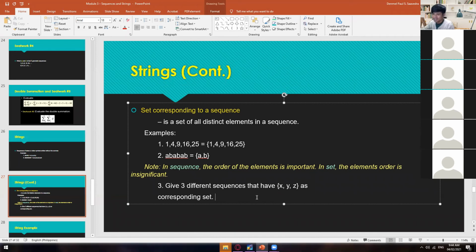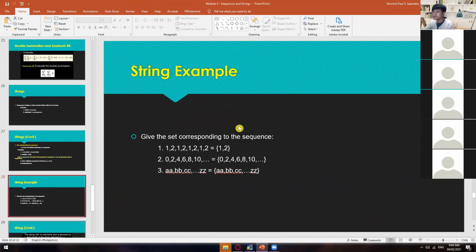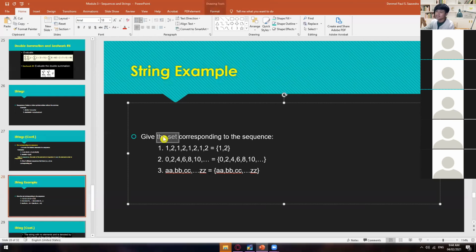All right. Let's have more examples when it comes to a string. Give the set corresponding to the sequence. This is the sequence, and here's the set. You already know this one. Again, in a sequence, this is the format, so that's your arrangement. We don't rearrange it since that's the default one.